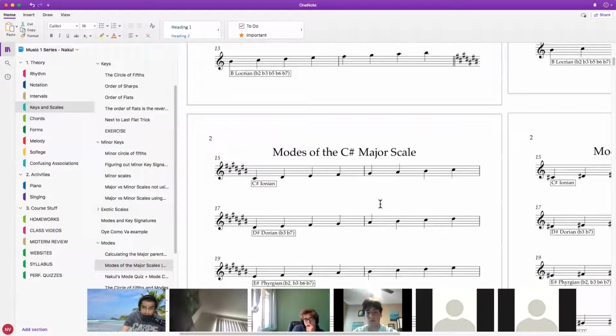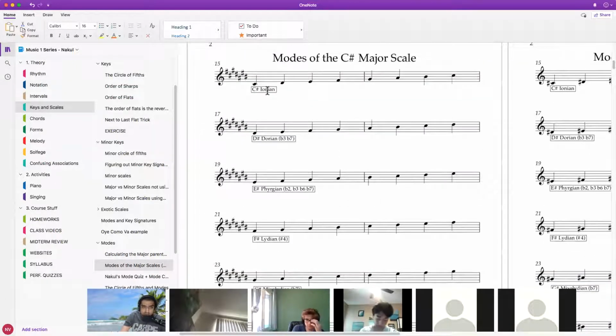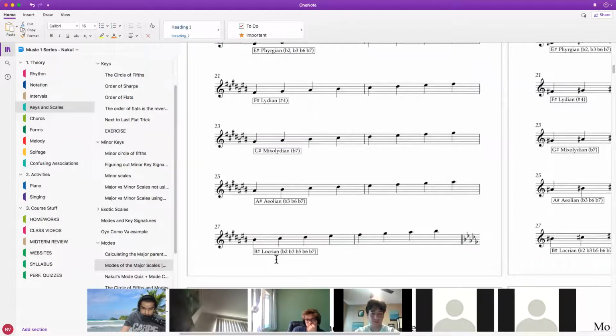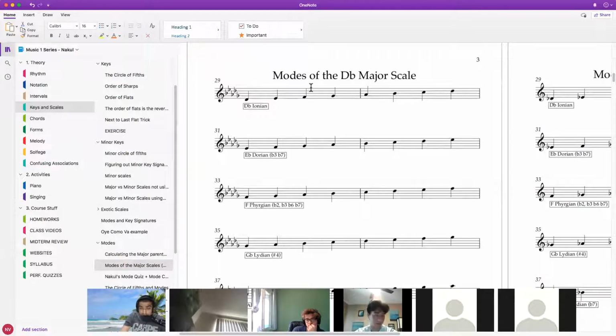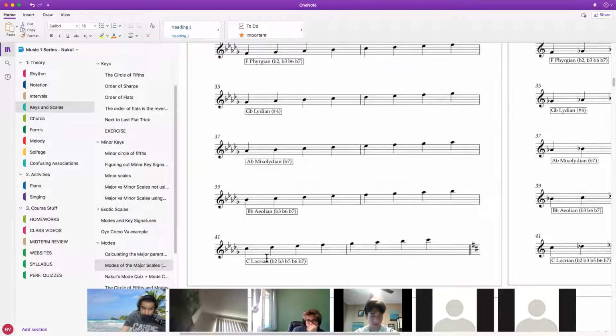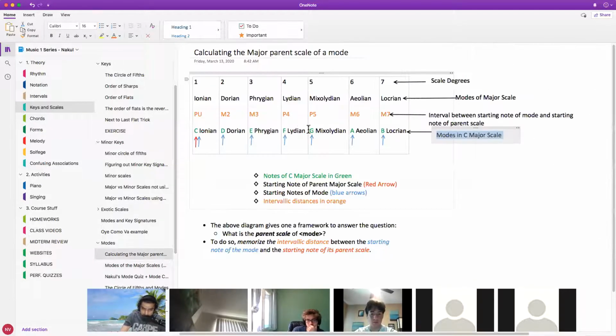Let's look at the modes of the C sharp major scale, and the modes of the D flat major scale: the same exact ordering of these modes. The only difference is, instead of C Ionian, you would substitute the notes of the scale that you're in.